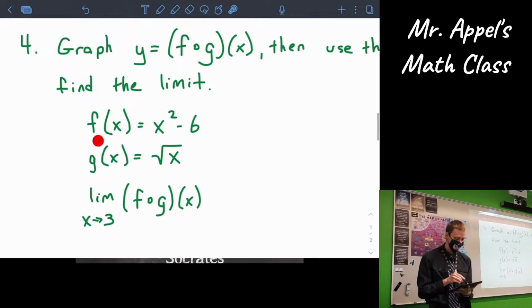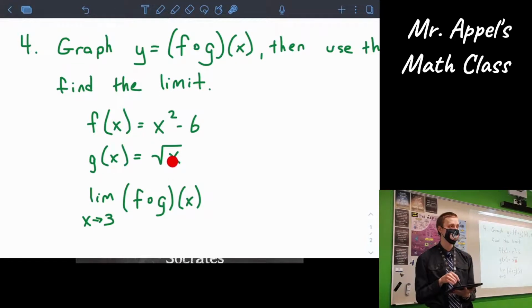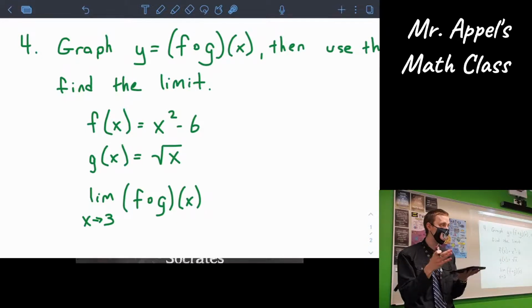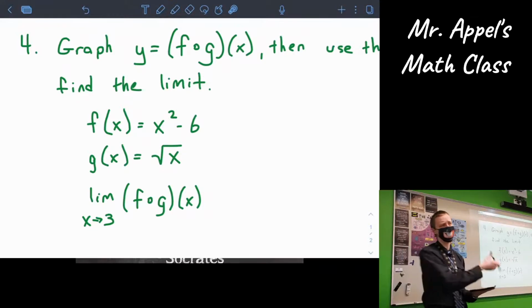Notice a few things here. F has x squared, g has square root of x. Okay, so I've got these two operations that undo each other, right? But there's some limitations on allowable domains and ranges, right? Generally, I'm not supposed to put negative numbers in here. Right? We can't take the square root of negative numbers. We end up with complex answers.